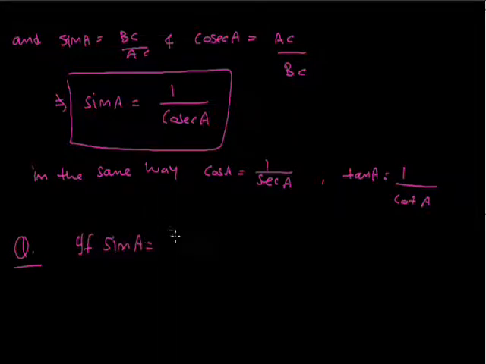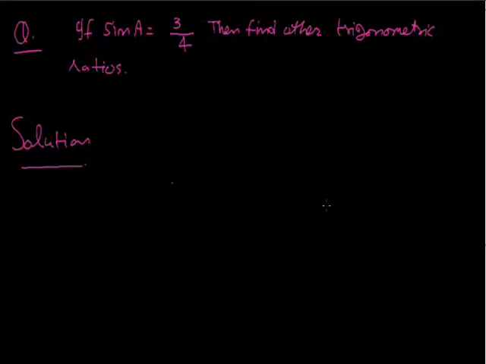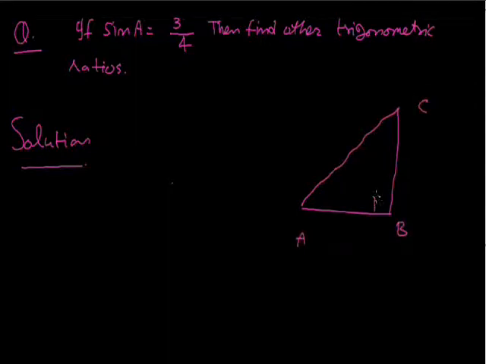Now we come to a problem. Given that sin A equal to 3 by 4, find the other trigonometric ratios. First we draw a right angle triangle ABC where angle B is 90 degree.